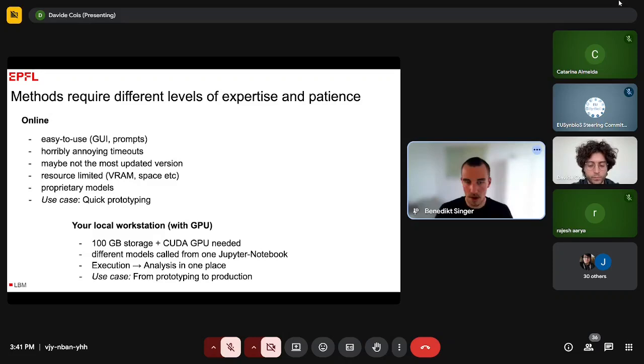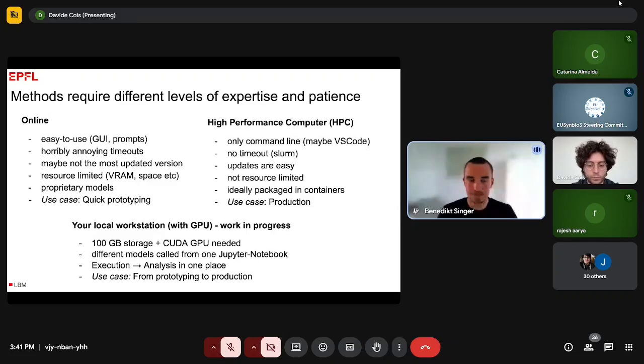So next slide, please. And this is for me clearly the biggest one, because most of us, I assume, have some sort of an academic background, and in there is some sort of high-performance computer.